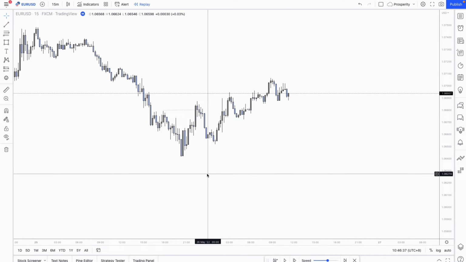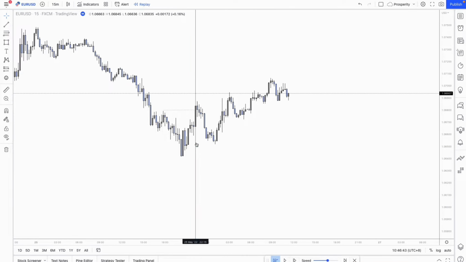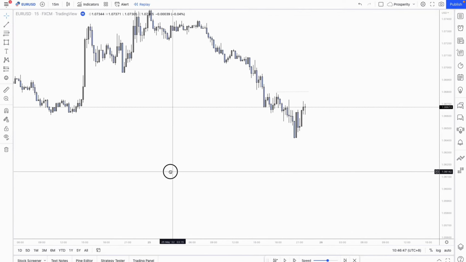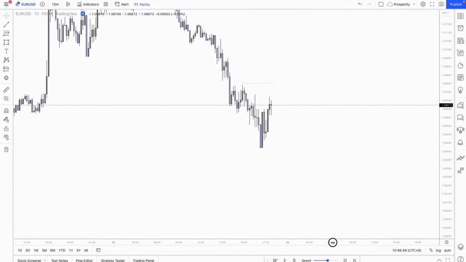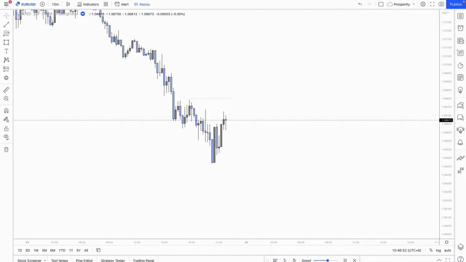Now I'm going to essentially explain to you what is the difference between unmitigated and mitigated. What is tradable, what is not tradable, right? Very, very simple to understand, so it should only take a second to explain. If this is a demand zone that has imbalance, that means that price has never come back to this level. Price has never revisited this level.